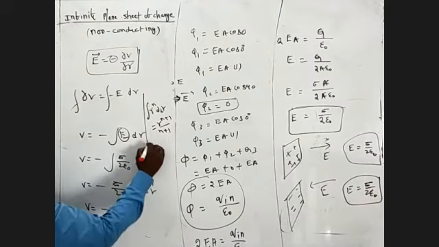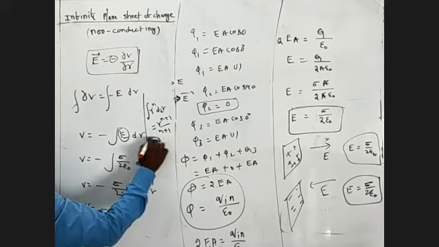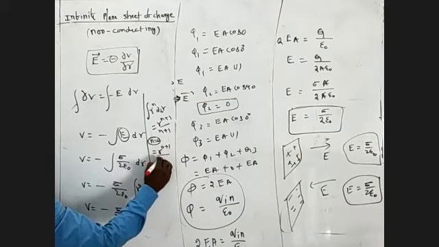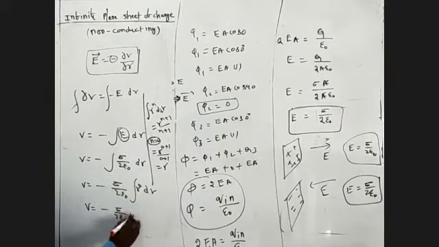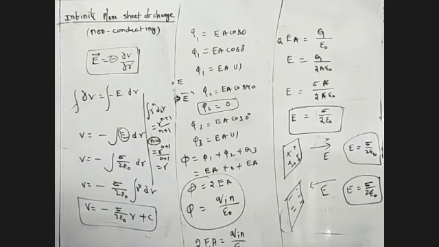Here n is equal to 0, so r to the power 0 plus 1 by 0 plus 1 is equal to r. So V is equal to minus sigma by 2 epsilon naught times r plus c. This is the electric potential of an infinite plane sheet.